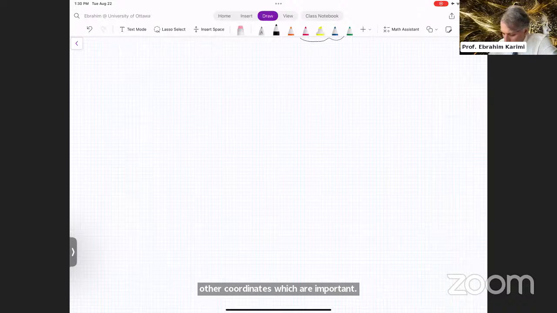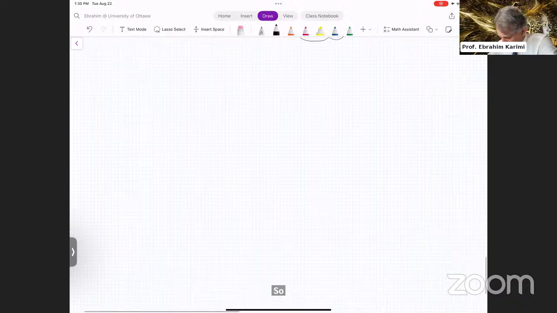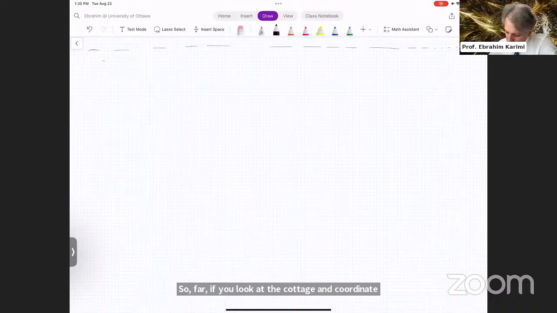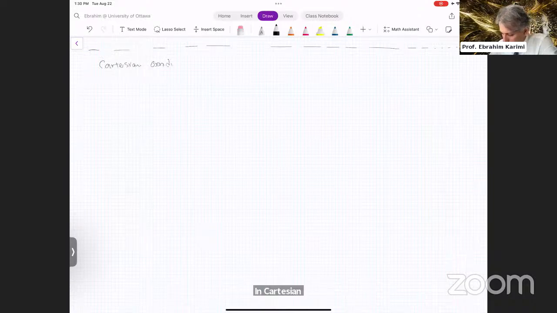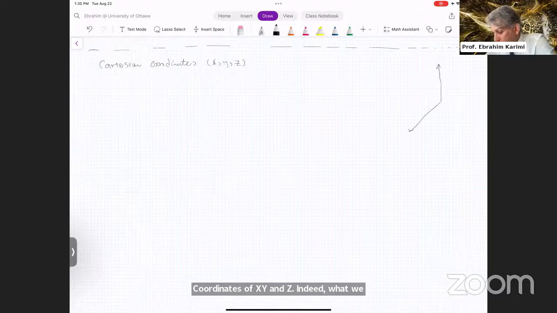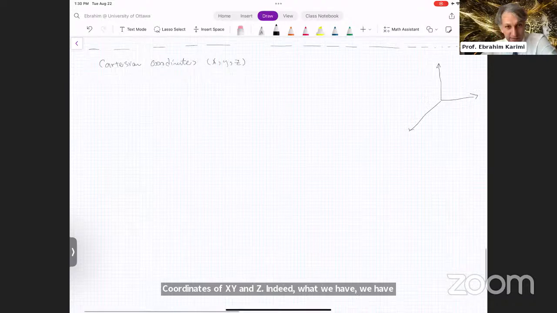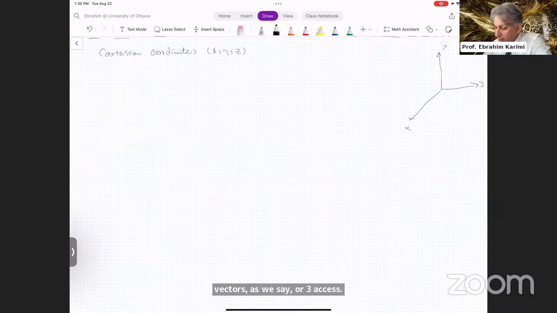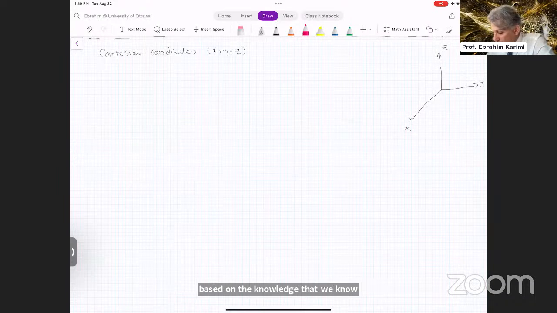So far, if you look at the Cartesian coordinates x, y, and z, we have three axes, and these three axes are built up based on knowing the x value for a point.